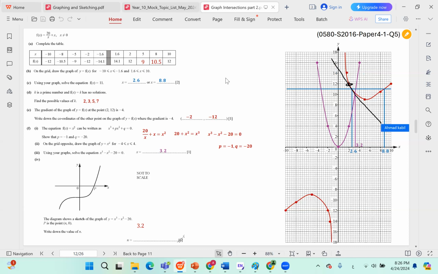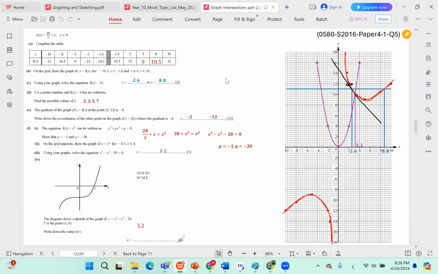What other point on the graph has a similar gradient? So you can see here that the red graph is kind of symmetrical. Let me just highlight it for you so that you understand what I'm talking about. So this is the first part of the red graph. And the second part is the one below. And you can see that there is some sort of symmetry between them. They're reflections of each other.